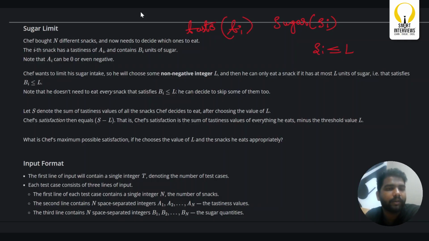Now let S denote the sum of the tastiness values of all the snacks chef decides to eat. So each and every snack has a taste value.